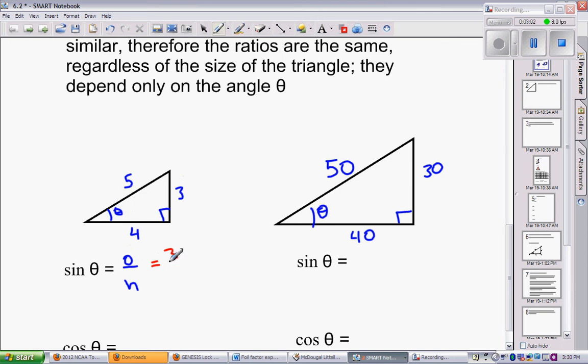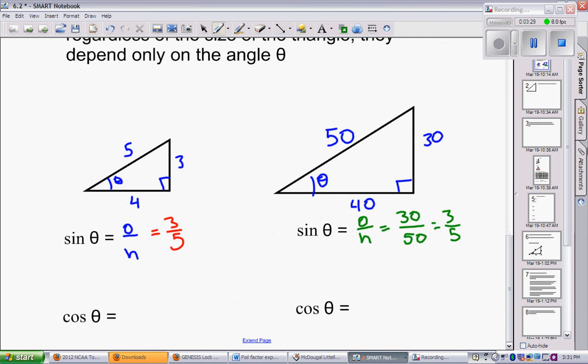Hypotenuse is 5. 3/5. If we go to the bigger triangle, sine of theta, we are still on opposite over hypotenuse. Here's theta, go opposite 30 over your hypotenuse of 50, reduces down to 3/5. Same sine value for theta.